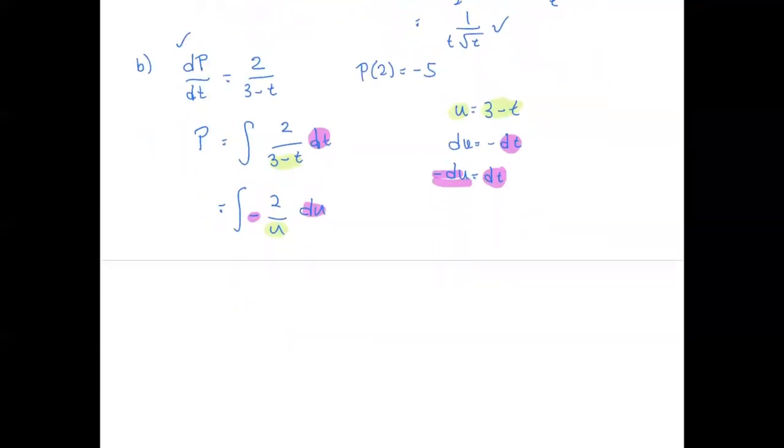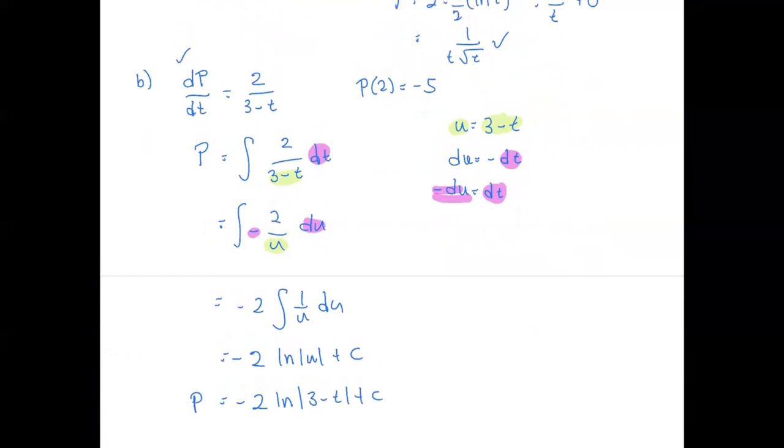And now I'm going to take out that negative 2, be left with 1 over u du. And again, this is an antiderivative we've seen already in one of the videos, natural log of u plus c. And again, because this is an indefinite integral, we're going to plug in the value of u this time. So there is the function, but I need to incorporate this p of 2 is equal to negative 5.